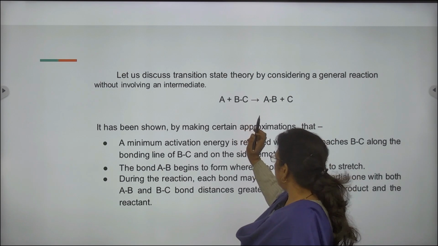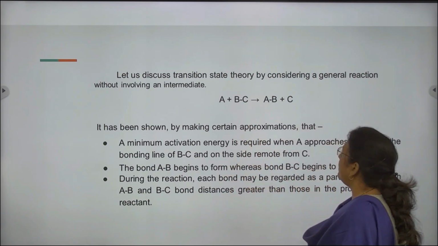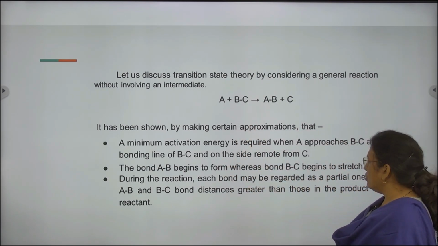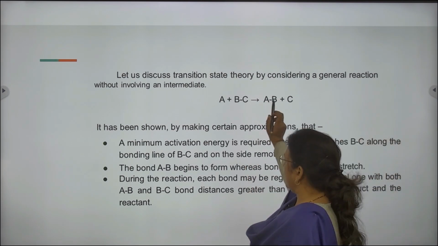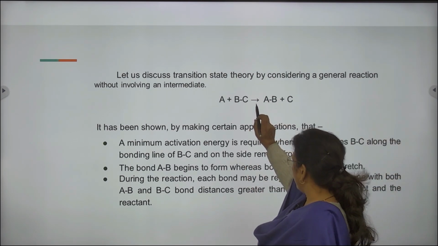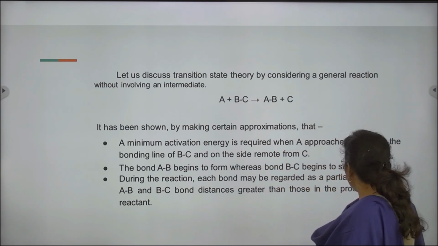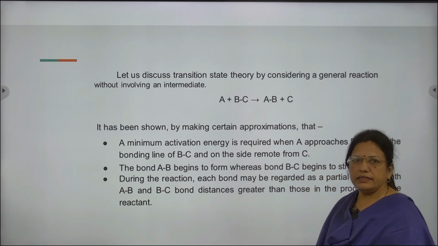During the reaction, each bond may be regarded as a partial one, with both AB and BC bond distances greater than those in the product and the reactant.